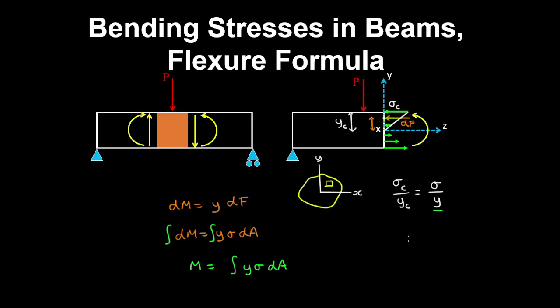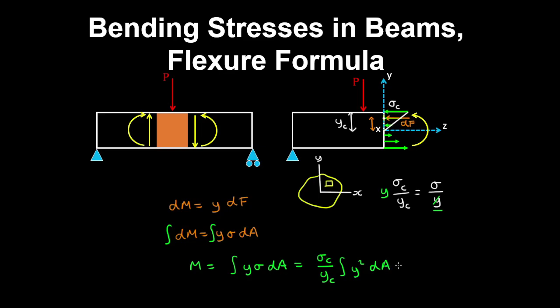And if we multiply through by y, we can rewrite this stress as stress C on yc, which we can take outside the integral because it's constant, and that's multiplied by the integral of y squared dA.